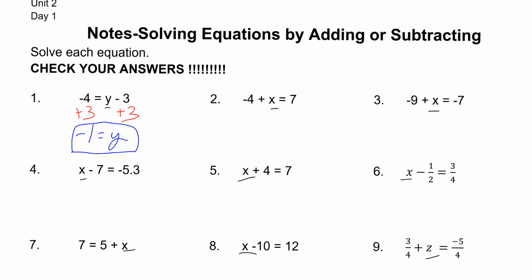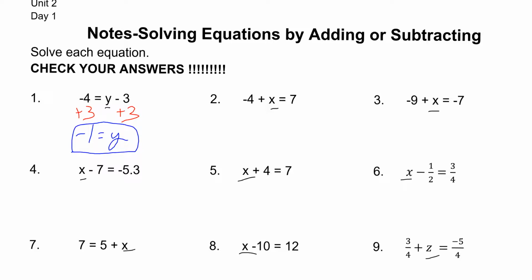Now, we're going to do the exact same thing for our x variable on number 2. We're going to do the opposite of whatever is on that side. In this case, we have negative 4 plus x. And we know the opposite of minusing 4, or negative 4, is going to be plus 4.